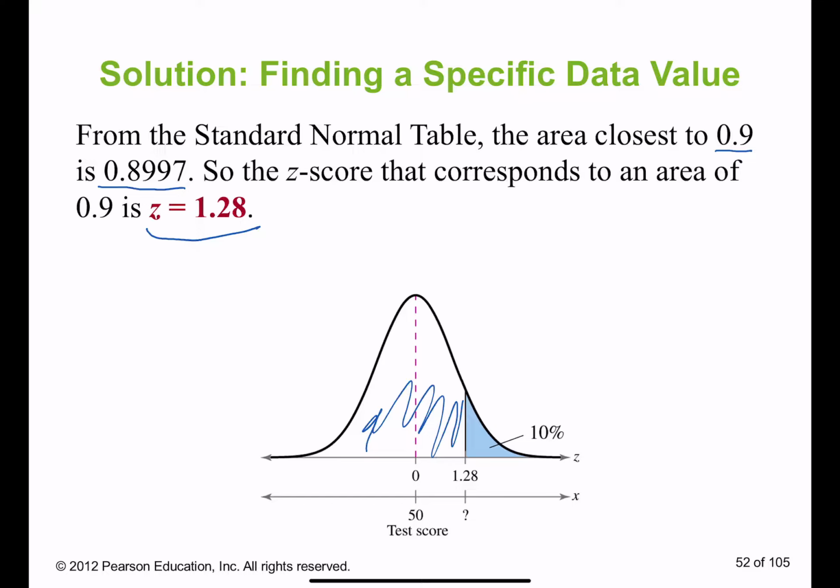So you are going to take 0.9, which is 90%, and close to it is 0.8997. That is equal z-score 1.28.